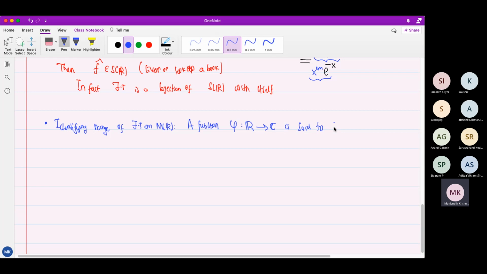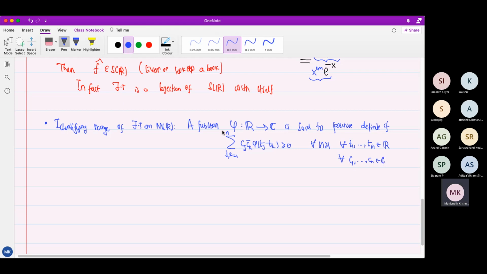A function phi is said to be positive definite if the summation of c_j phi of t_j minus t_k, with a conjugate on c_k, is greater than or equal to 0, where the sum is over j and k from 1 to n, for all n greater than or equal to 1, for all points t1 up to tn in R, and for all c1 up to cn in complex numbers.